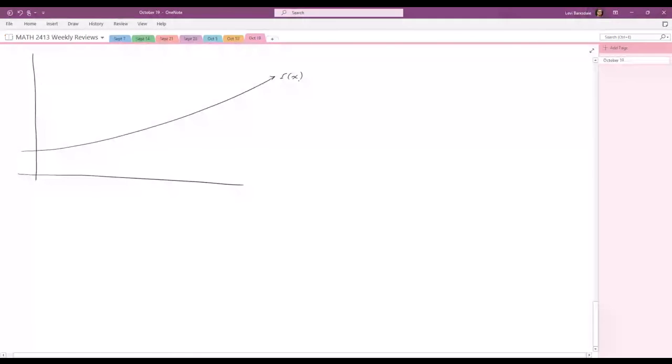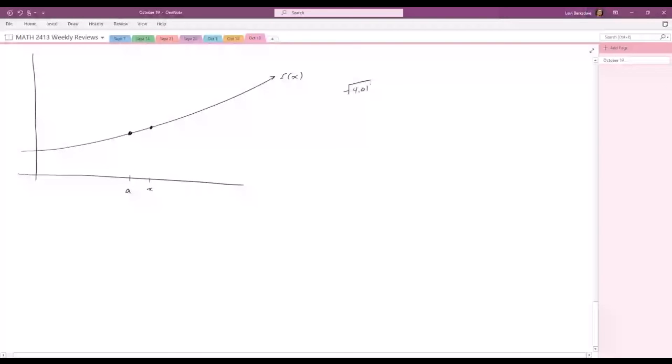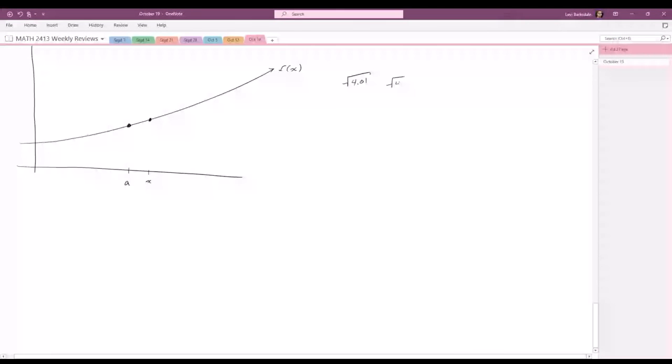Let's say you also know the value of your function at some point A. And you're interested in finding out the value of your function at this point X. Well, what if f of x is really hard to find, like it would include a lot of really intense calculations? Maybe it's the square root of 4.01. That's not very pleasant to work out. You'd rather just do the square root of 4 exactly, because this one's easy.